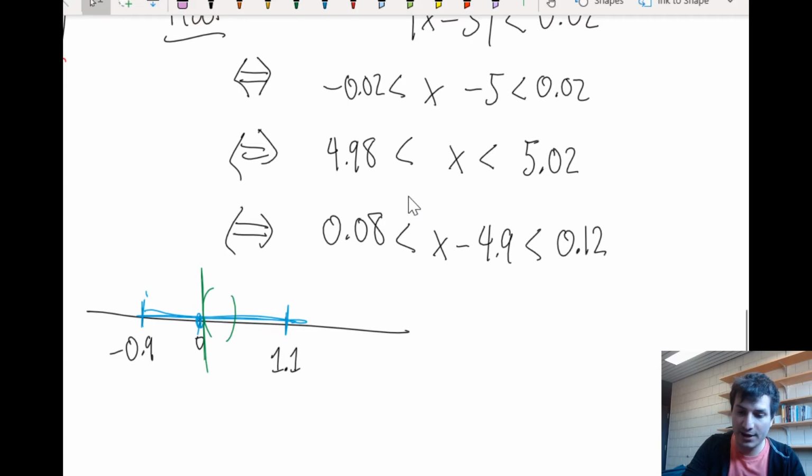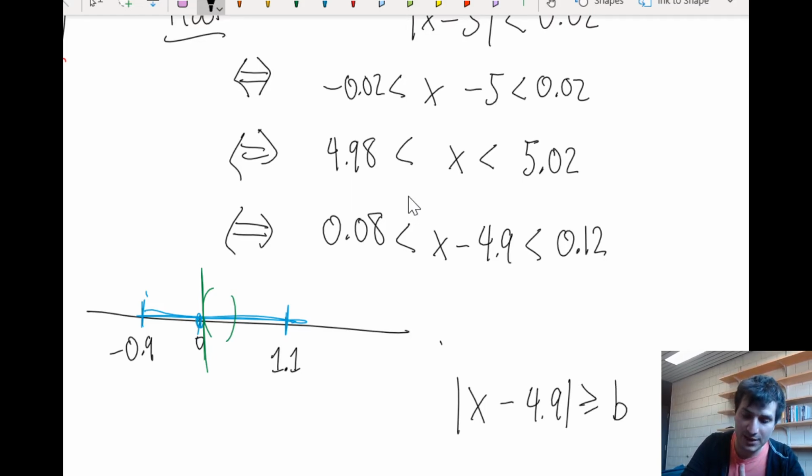x minus 4.9 less than 0.12 and bigger than 0.08. I want to eventually get to x minus 4.9 greater than or equal to b, and x minus 4.9 greater than b is x minus 4.9 is bigger than b, or x minus 4.9 is less than or equal to minus b.